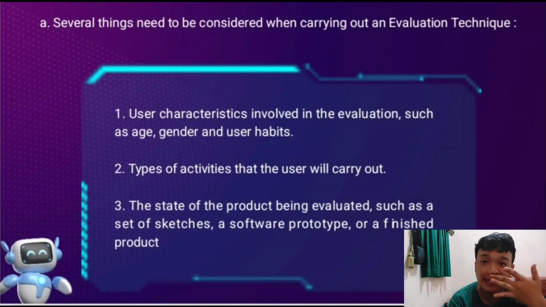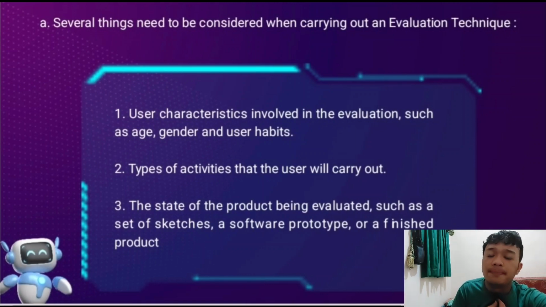And then next, gender. Gender can influence user preferences and needs. For example, men and women may have different preferences when it comes to color, design, or function of a product. Next, user habit. This includes how users typically use a product or service in everyday life.